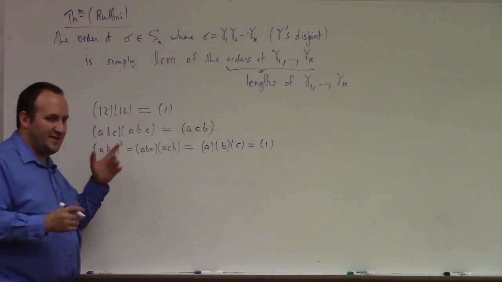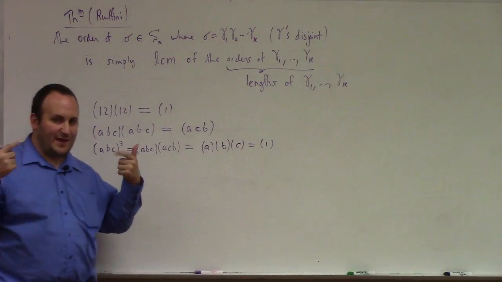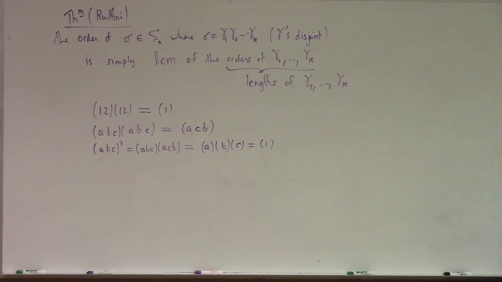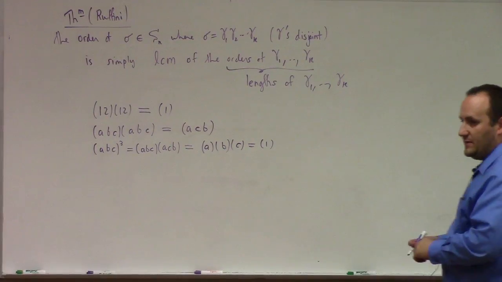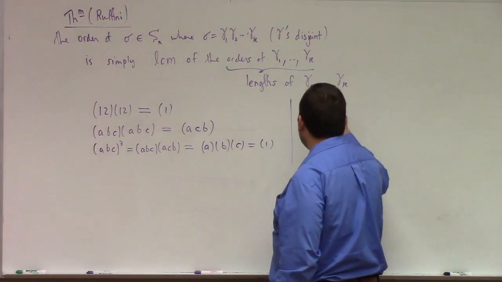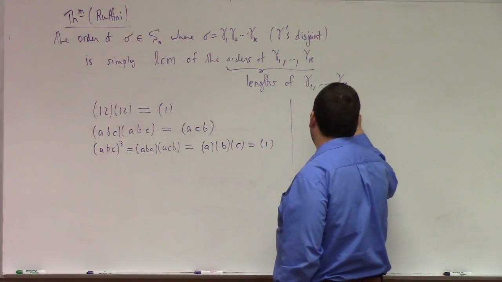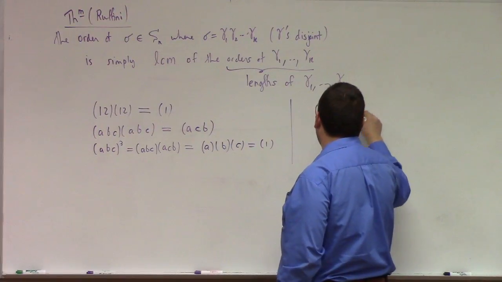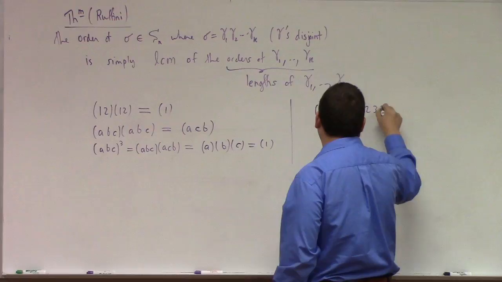If you think about what you just did mentally, you were assuming that A, B, and C were distinct, right? Try this out for size. If we do (1 2 3)(2 ...), 1, 2, 3, 2. What will happen this time?